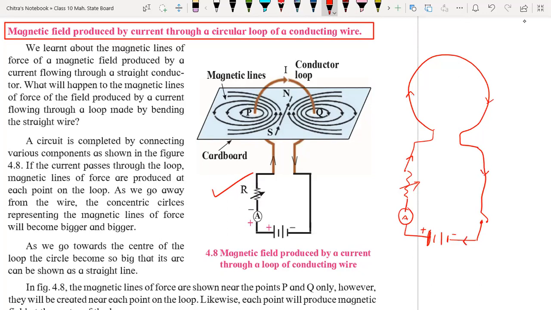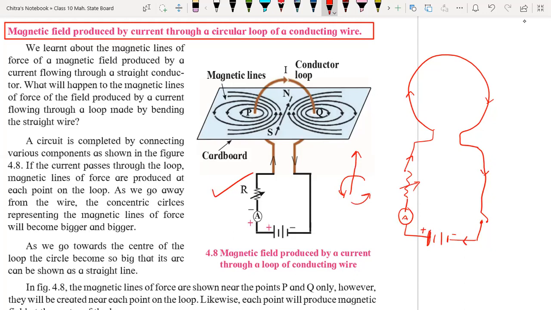So according to the right hand thumb rule, when current is flowing in the vertically upward direction, then the magnetic field produced will be anticlockwise.